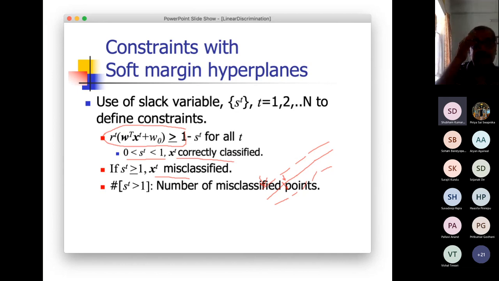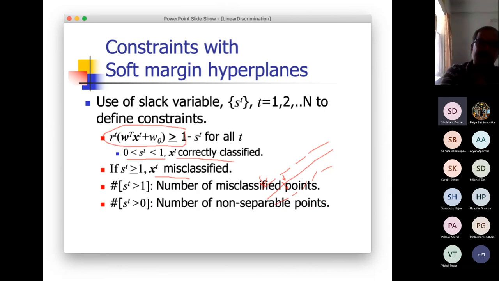So these are the two interpretations of s_t. For every training sample, you will be computing the slack variables during optimization, so you'll be computing the parameters and also the slack variables. The number of samples for which s_t is greater than 1 gives you the number of misclassified points. If s_t is greater than 0, it is the number of non-separable points.